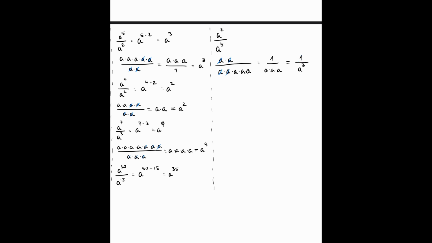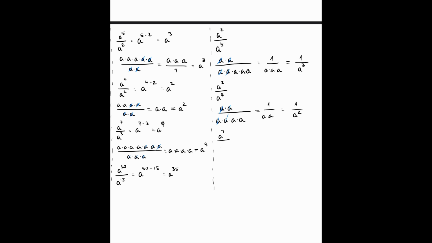Well, let's continue doing this with our other examples. A squared divided by a fourth. What happens there? Well, a squared is a multiplied by itself twice. A to the fourth is a multiplied by itself 4 times. We cancel out common factors, and we end up with 1 over a times a, which can be written as 1 over a squared. Great, we figured that out as well. Let's do it with another example.